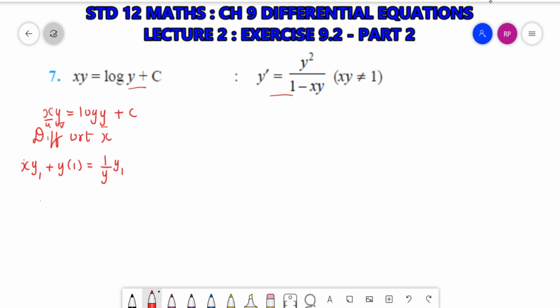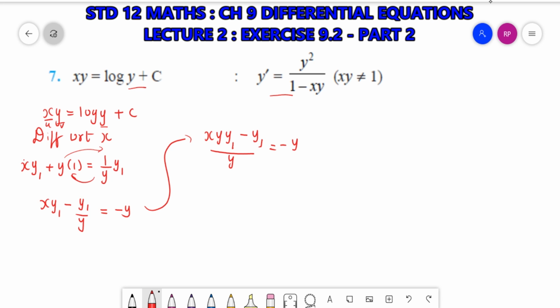Okay, so x y1, I will take this on the other side, minus y1 by y is equal to minus y. I took this y on this side. Now taking LCM, x y y1 minus y1 upon y is equal to minus y.